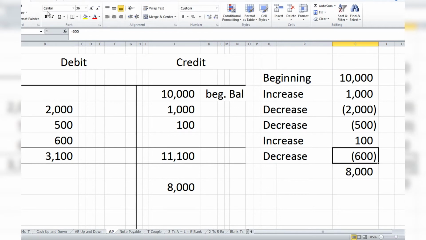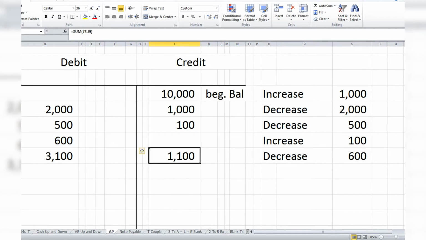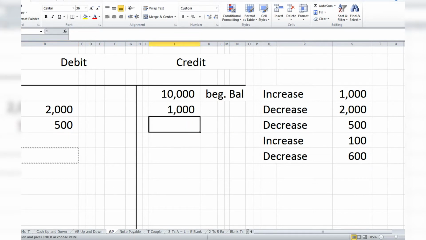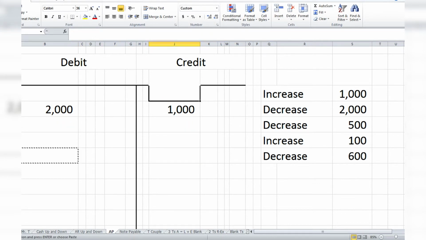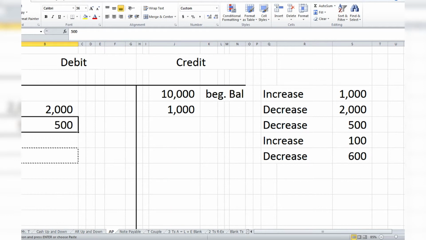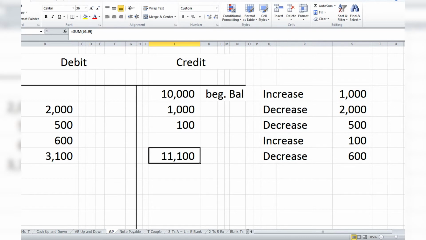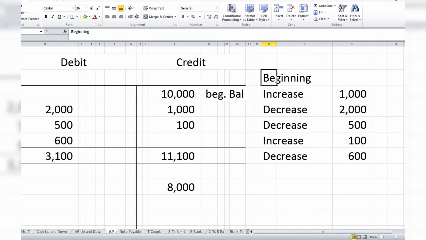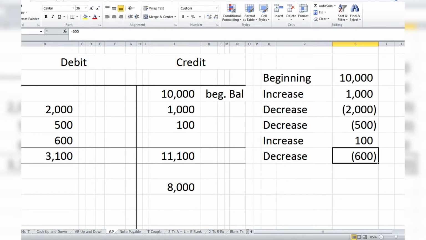We tie. Just like magic, running through, this has our final result of 8,000.